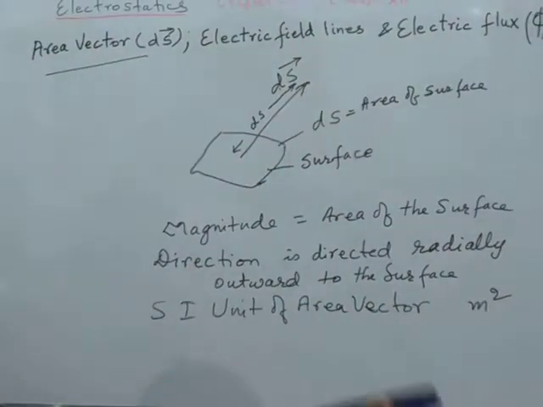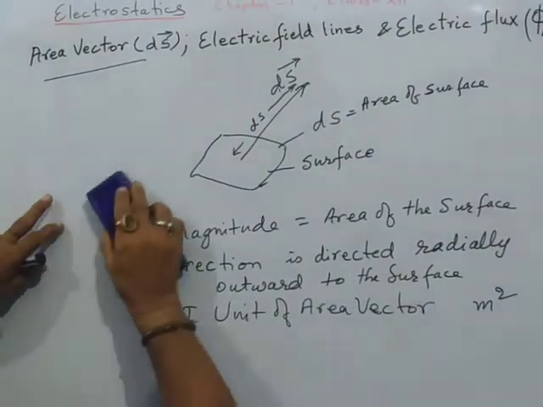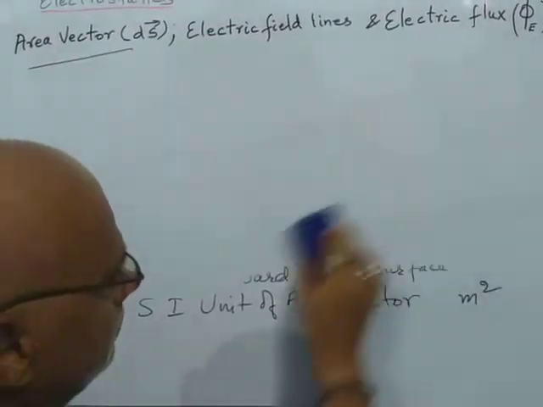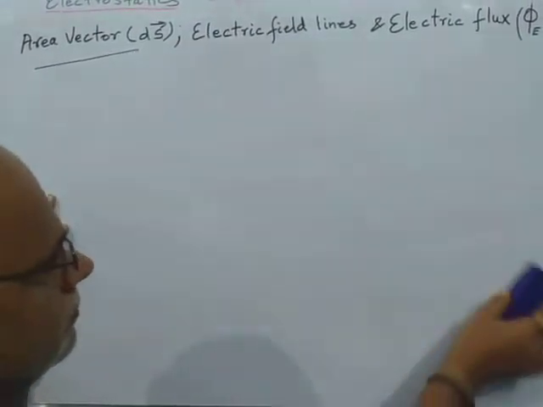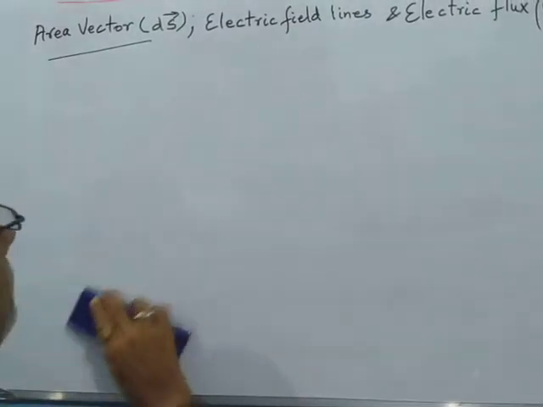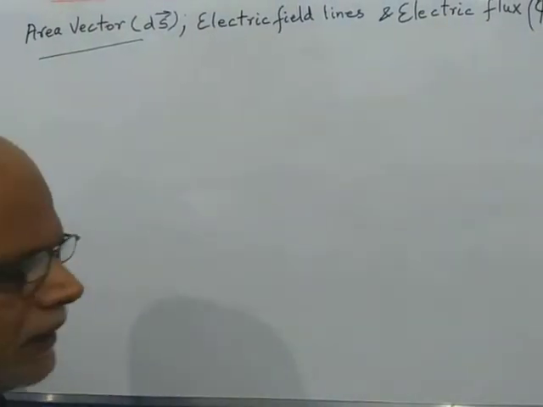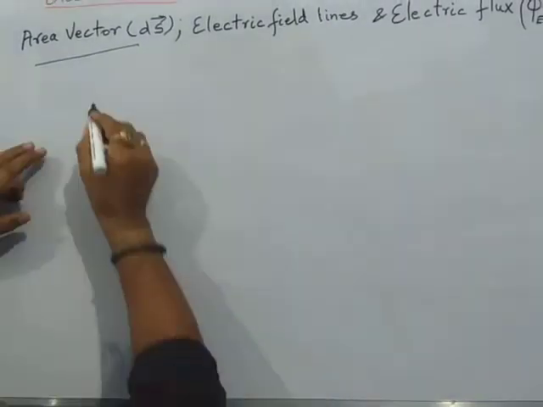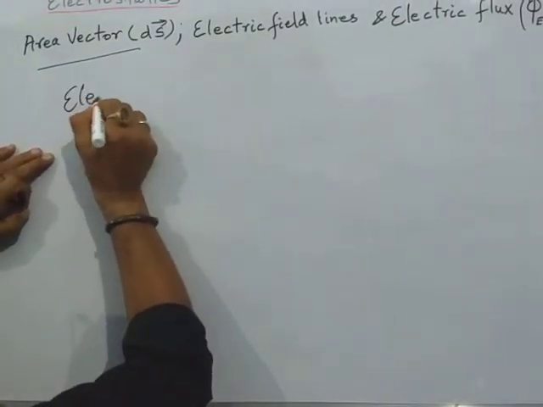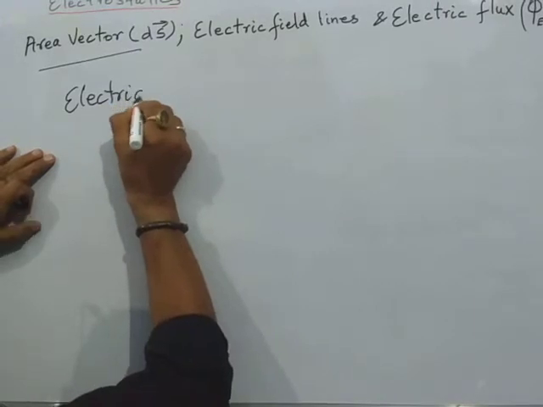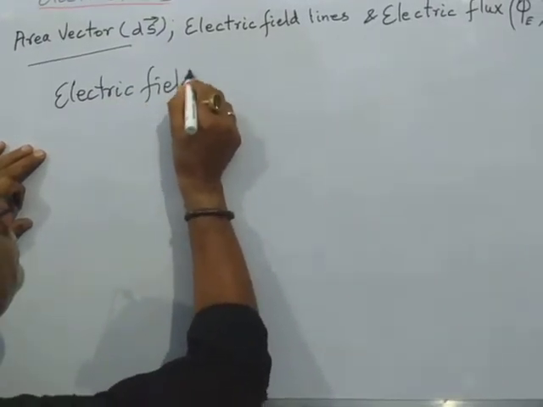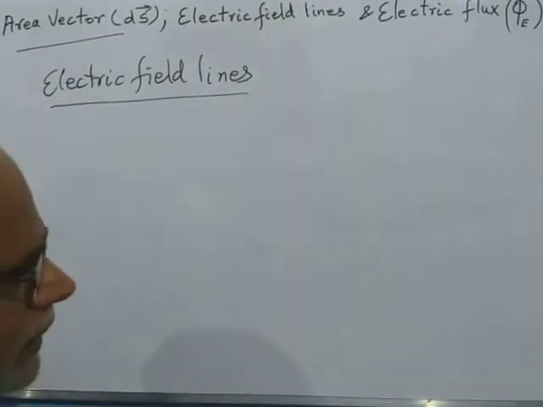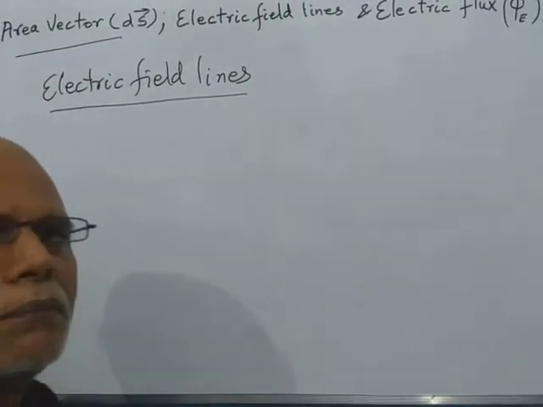Now we are going to talk about electric field lines. What are electric field lines? You see, electric field line is defined as an imaginary line.